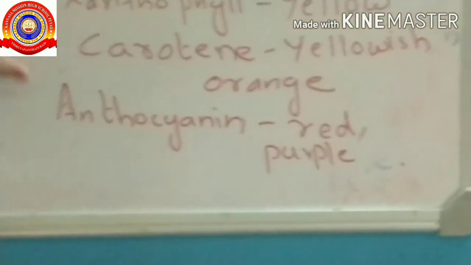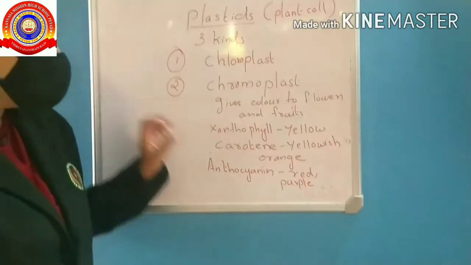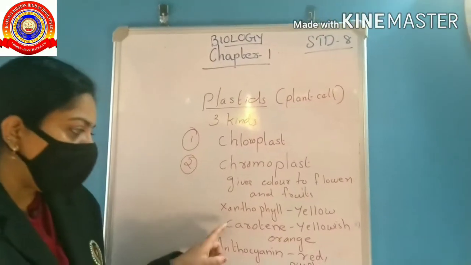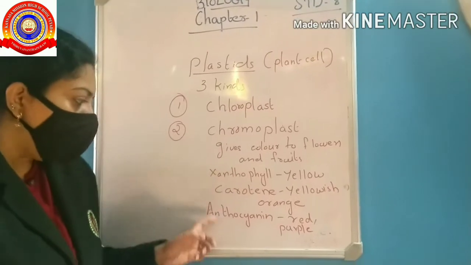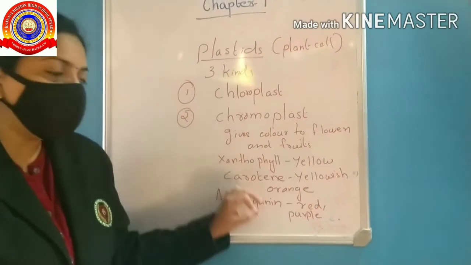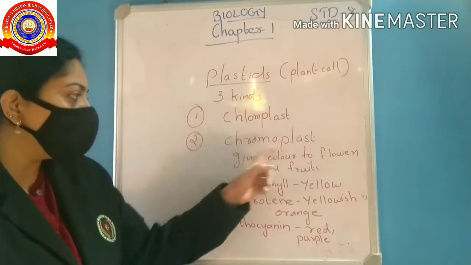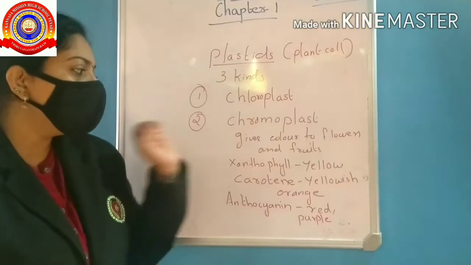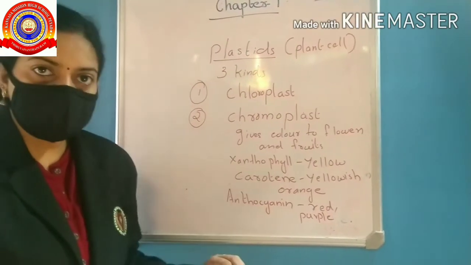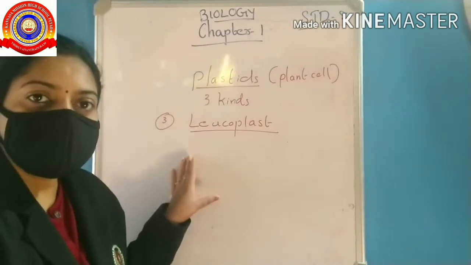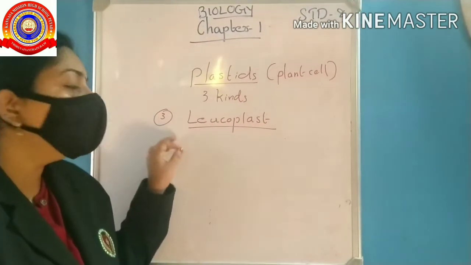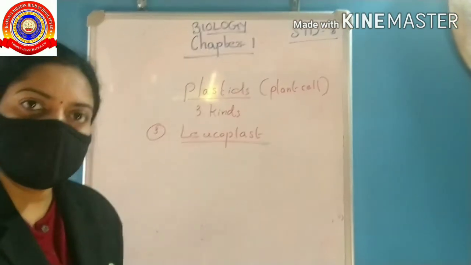So the chromoplast contains pigments. Xanthophyll gives yellow color, carotene gives yellowish orange, anthocyanin gives red or purple color. Thus the function of the chromoplast is to give color to flowers and fruits. The next one is leucoplast. It has no specific color.